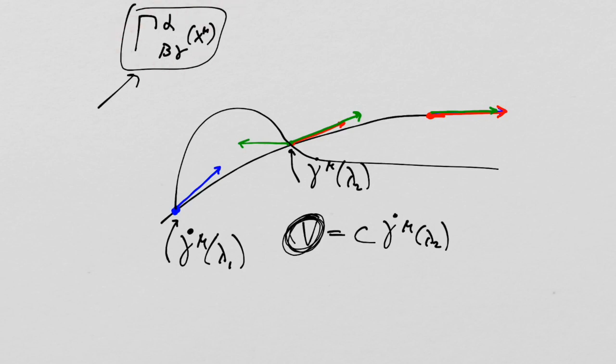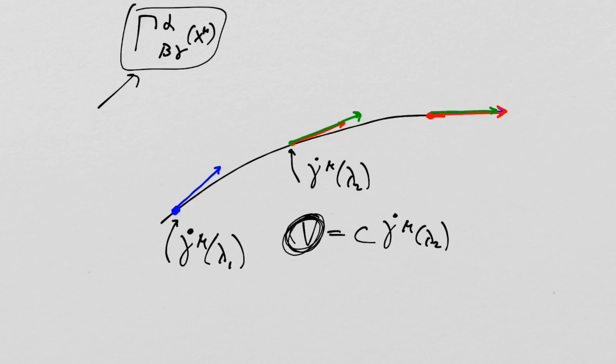So assuming the connection is fixed, what we can imagine doing is changing the path of a curve until it's finely tuned so that this is a true statement. And that curve would be called a geodesic curve.